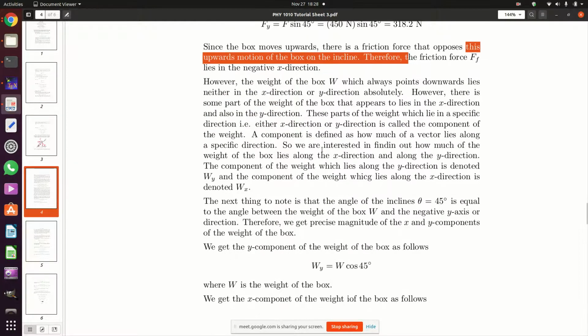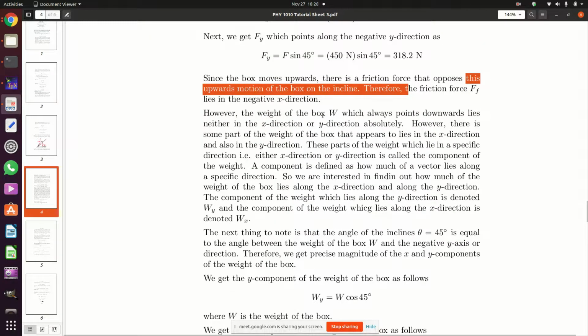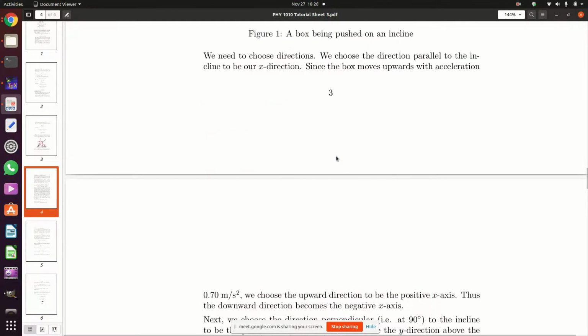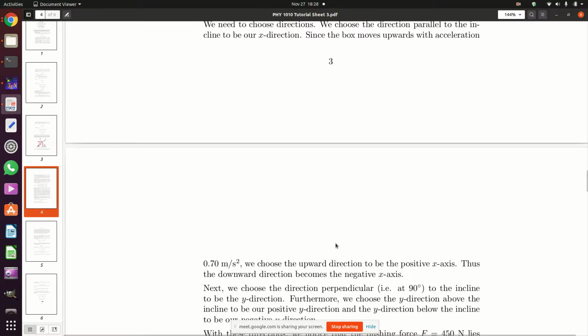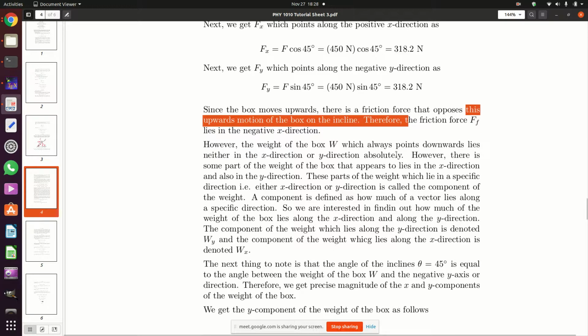However, the weight of the box, which always points down, lies neither in the x direction nor in the y direction. So we have to find its components.